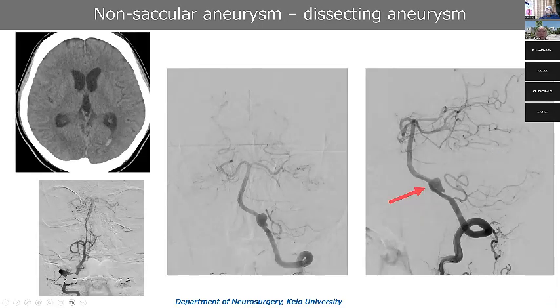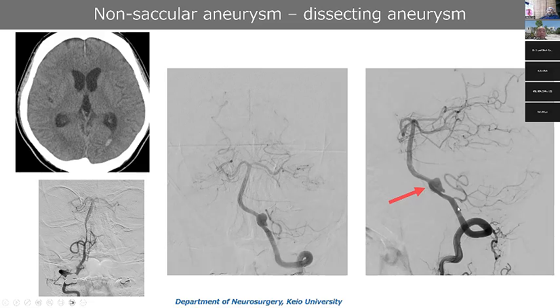And sometimes we encounter a non-circular aneurysm. This is a bleeding patient, and vertebral angiography reveals dilatation of the vertebral artery itself, and a protrusion, what we call a glob, is found. So this is a dissecting aneurysm of the vertebral artery, and this pathology involves the entire segment of the artery.